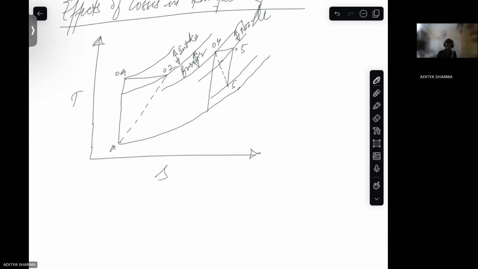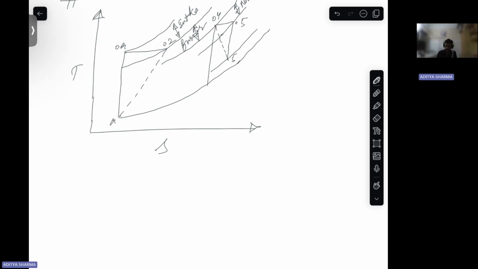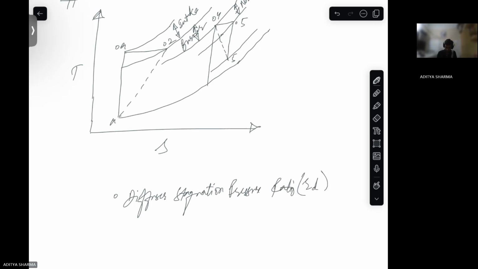Then some ratios have been given. First is your diffuser stagnation pressure ratio, RD, which is P02 by P0A.